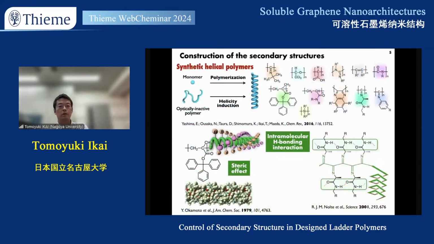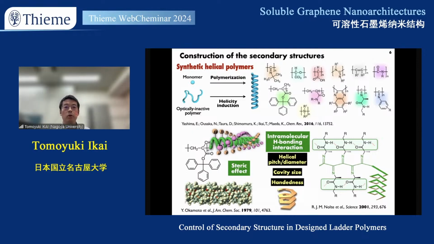Of course, a variety of synthetic polymers with secondary structures have been reported, and these structures were produced by using steric effects and intramolecular interactions between the pendants. But these structures have been constructed based on a lot of trial and error, and it's really difficult to predict whether the polymer chain will form a secondary structure or not before synthesis.